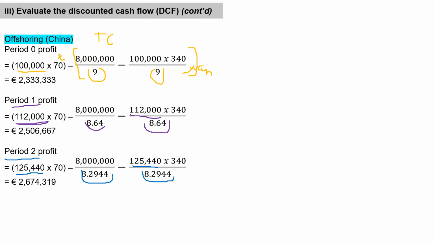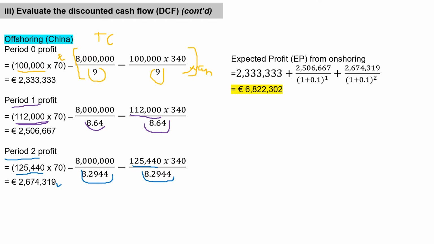So for the expected profit, we also compute with the same formula as before. So the period 0 profit plus the period 1 profit divided by (1 plus 0.1) to the power of 1, plus the period 2 profit divided by (1 plus 0.1) to the power of 2, and we get this number.